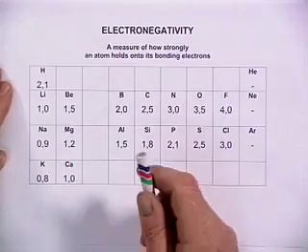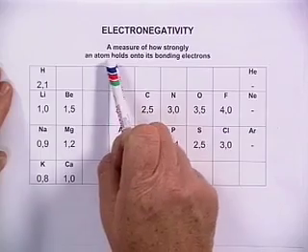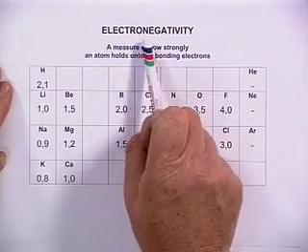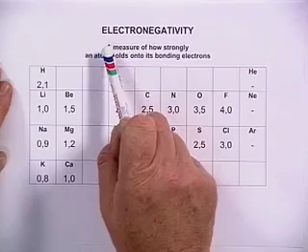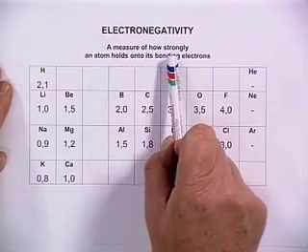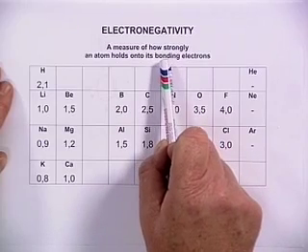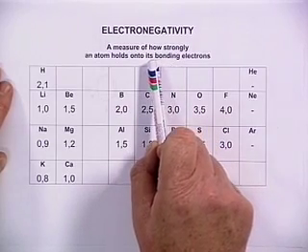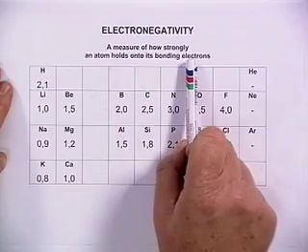Now let's just go back and talk very briefly about that idea of electronegativity that we mentioned last time. Remember we spoke about electronegativity, and electronegativity is really only spoken about when we have 2 atoms bonding to one another, and we're talking about the bonding electrons, in other words the electrons that sit between the 2 nuclei or the 2 atoms.